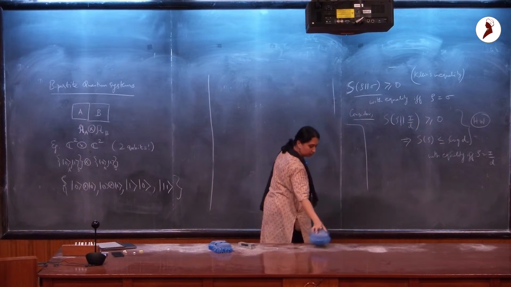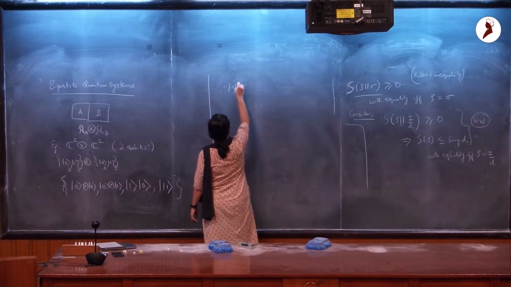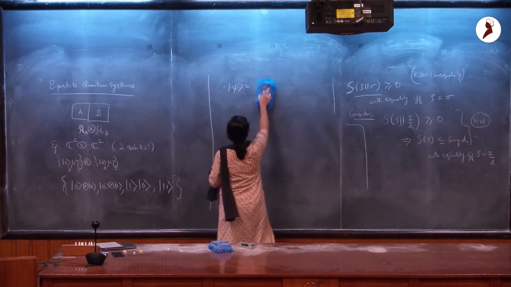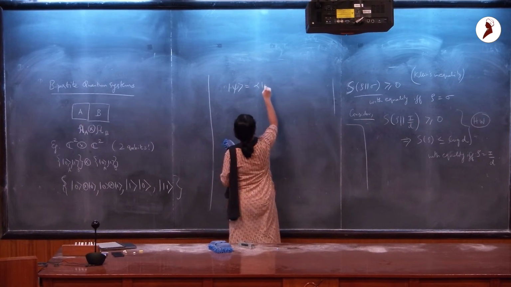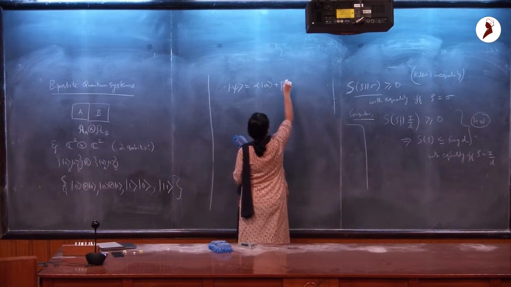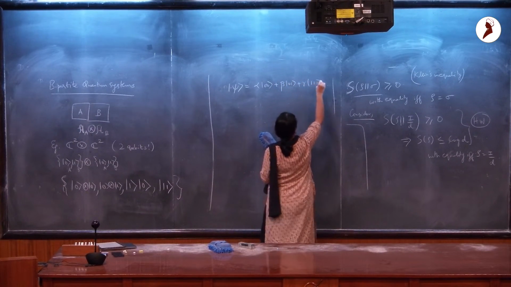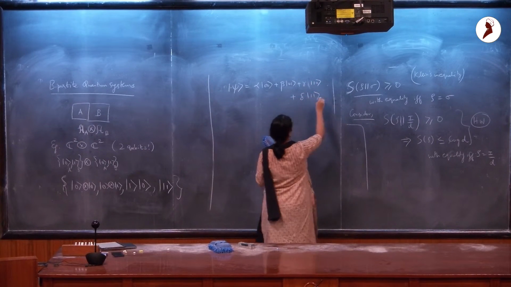So I'm going to say an arbitrary pure state of this joint system could be of the form alpha|00> + beta|01> + gamma|10> + delta|11>.